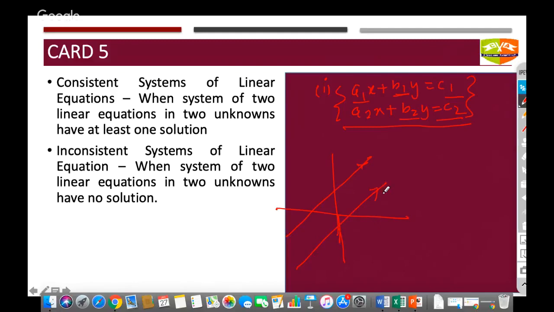When two lines are parallel, they do not meet each other at any point, because there would be no intersection of these two lines. So when two lines are parallel, no value of x and y satisfies the two equations simultaneously.